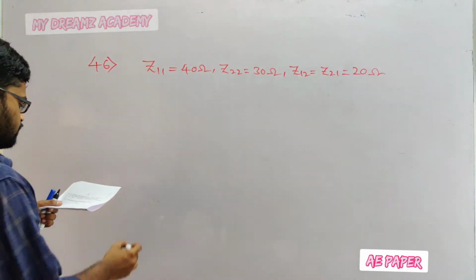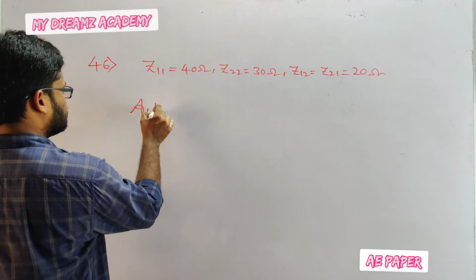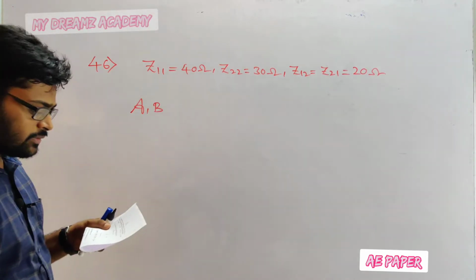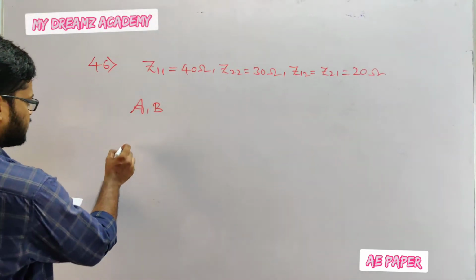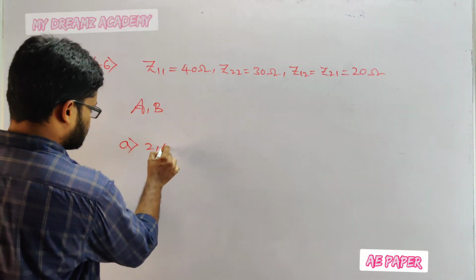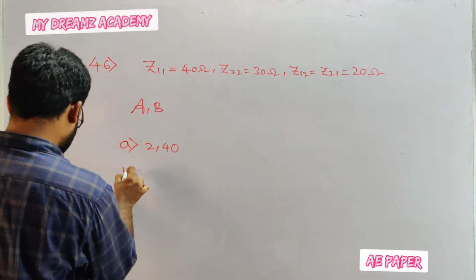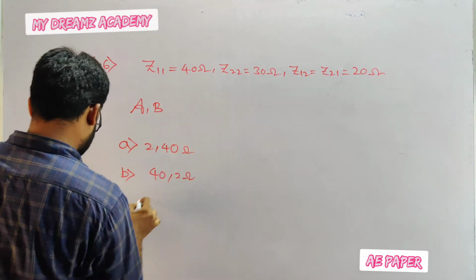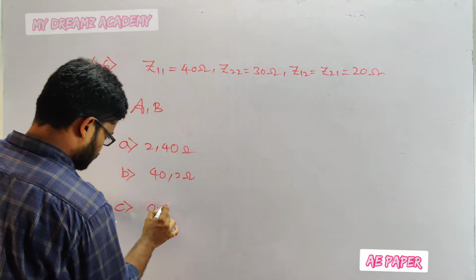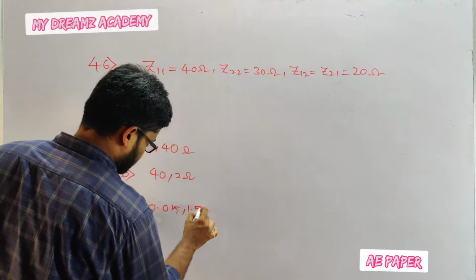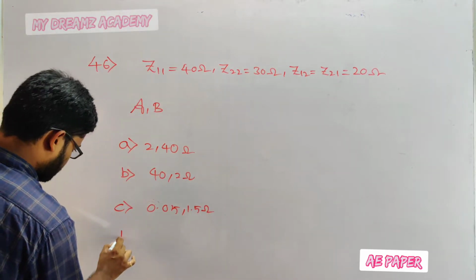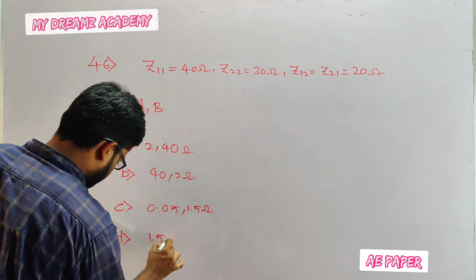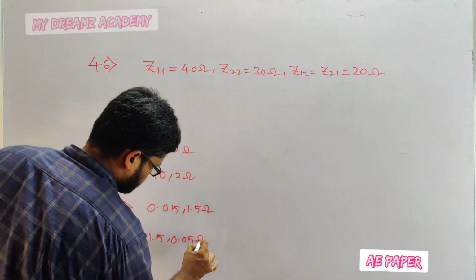Now calculate the A and B values of the same two-port network. Option A: 2, 40. Option B: 40, 2 ohms. Option C: 0.05, 1.5 ohms. Option D: 1.5, 0.05 ohms.